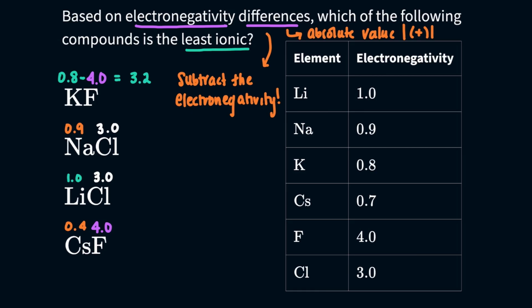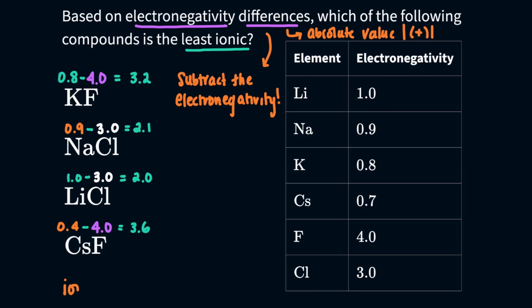And I'm going to keep doing that for all of these. So I'm going to take my big number, 3 minus 0.9. I have 2.1. 3 minus 1.0 is 2.0, and then 4 minus 0.4 is 3.6.